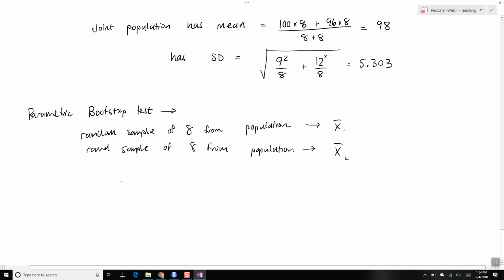And then we find the difference d. Then we see how often d is greater than 4, because that was what we observed.